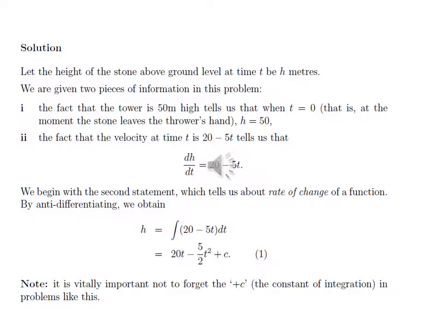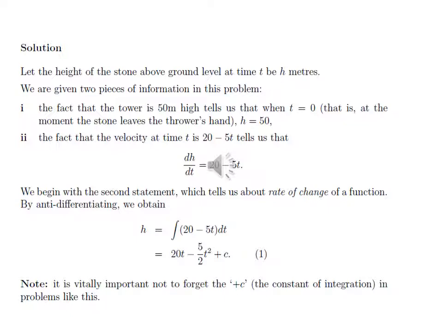Solution: let the height of the stone above ground level at time t be h meters. We are given two pieces of information in this problem. Number one, the fact that the tower is 50 meters high tells us that when t equals 0, that is, at the moment the stone left the tower's edge, h equals 50.